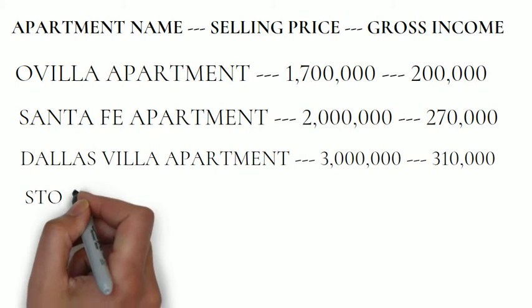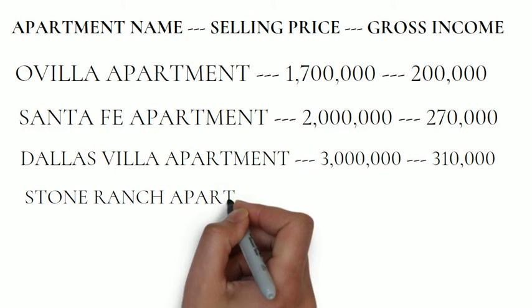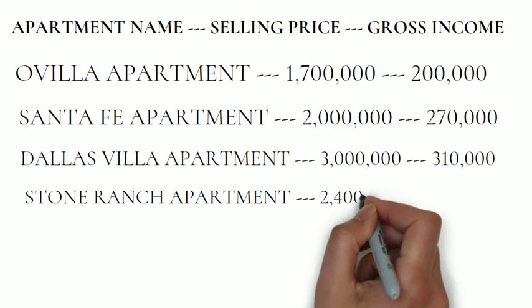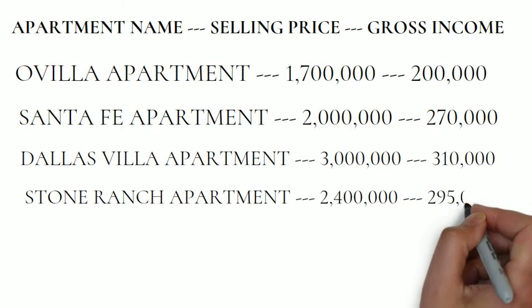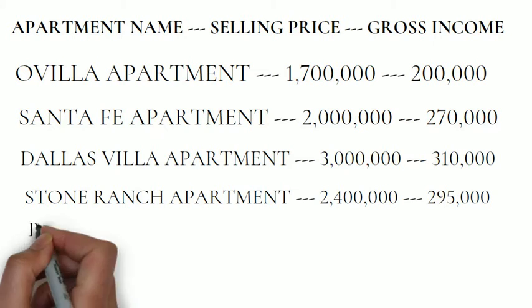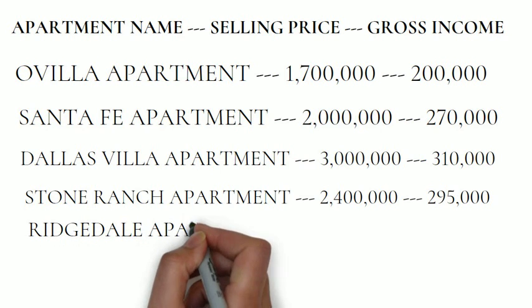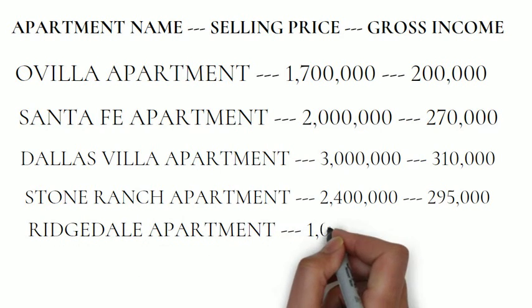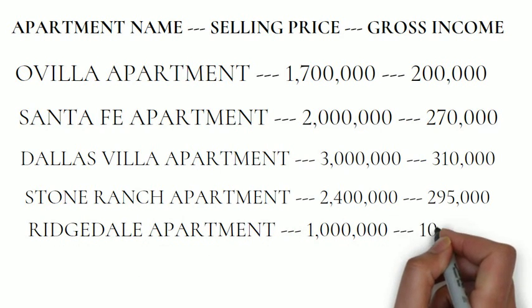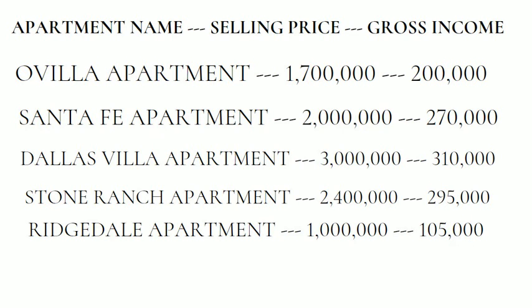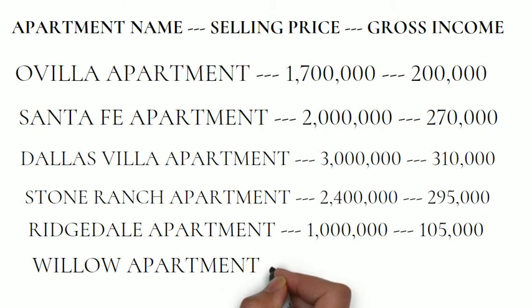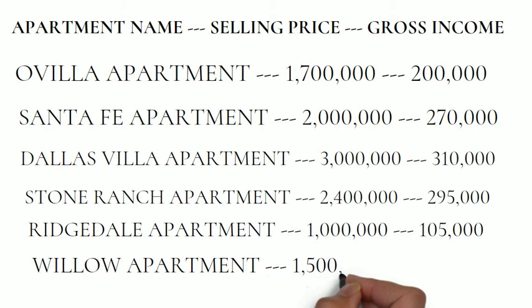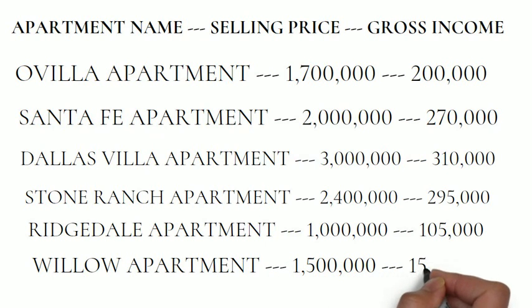Stone Ranch apartment with $2.4 million and $295,000 of gross income. Richdale apartment is the 5th apartment with $1 million selling price and a gross income of $105,000. Willow apartment is the 6th apartment with $1.5 million selling price and $150,000 of gross income.